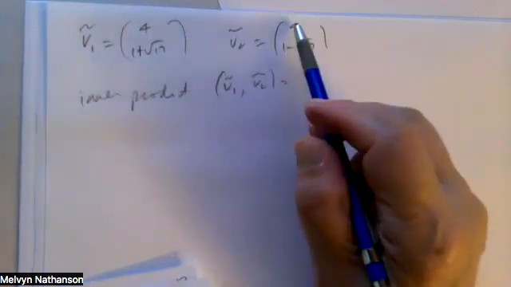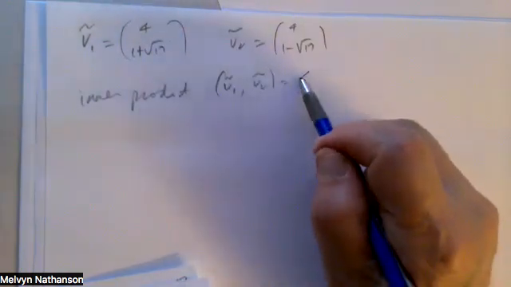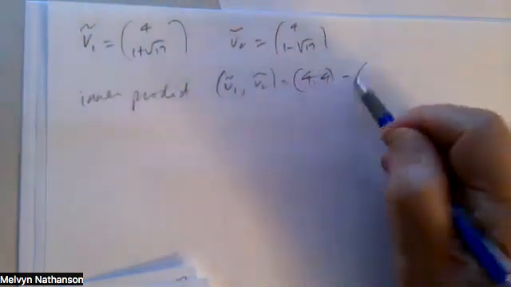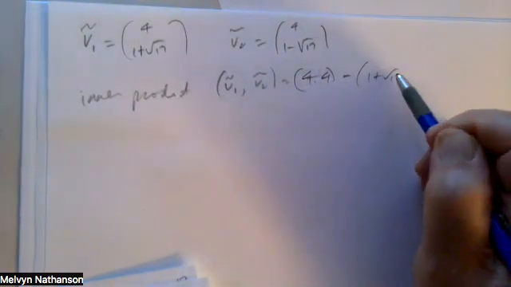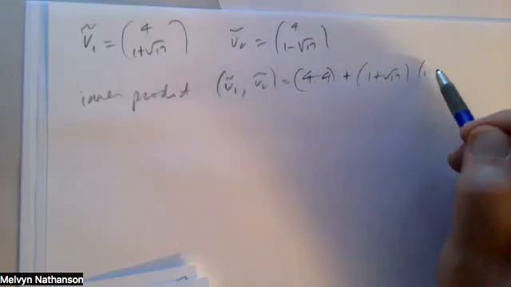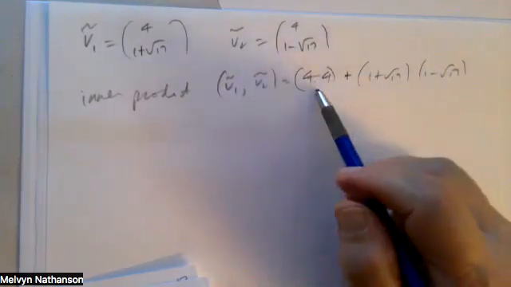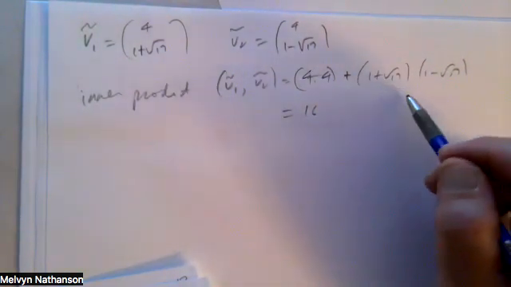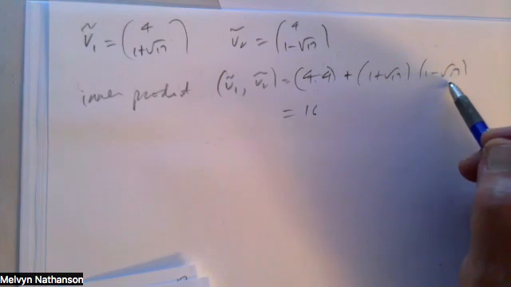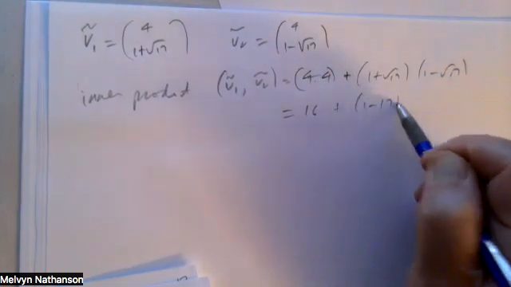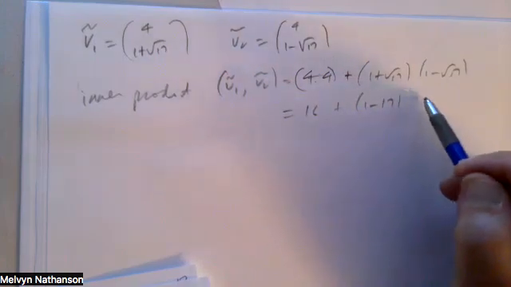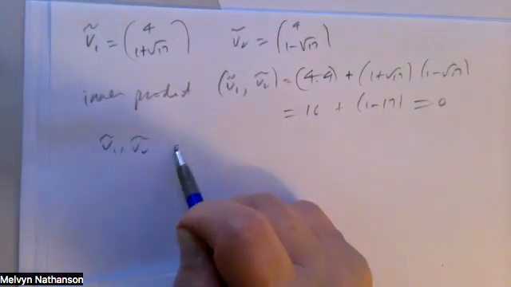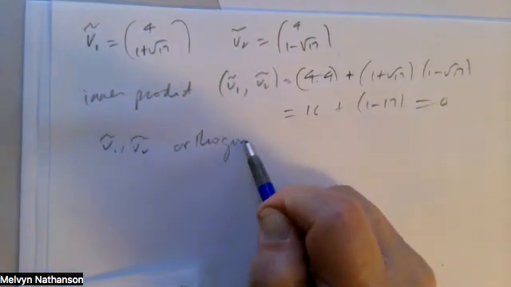That's the product of their first coordinates, 4 times 4, plus the product of their second coordinates, (1 plus root 17) times (1 minus root 17). 4 times 4 is 16. (1 plus root 17) times (1 minus root 17) is 1 minus 17. 16 plus 1 minus 17 is 0. So v1 tilde and v2 tilde are orthogonal.